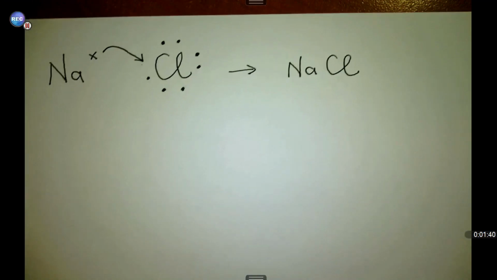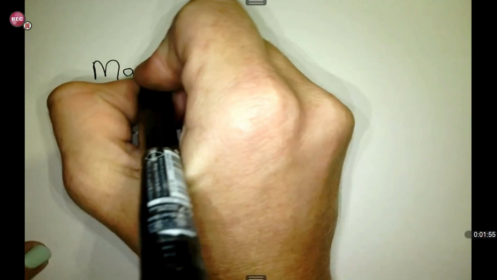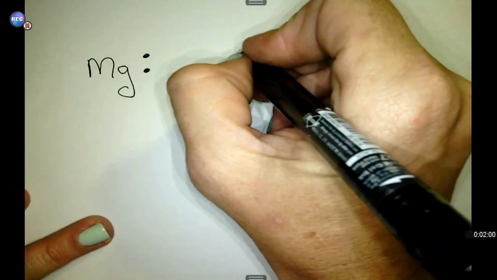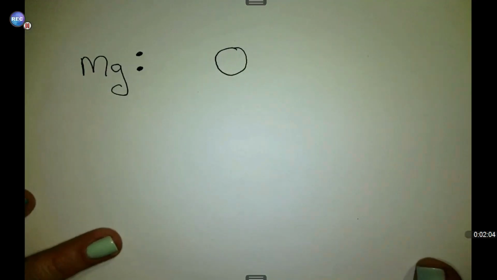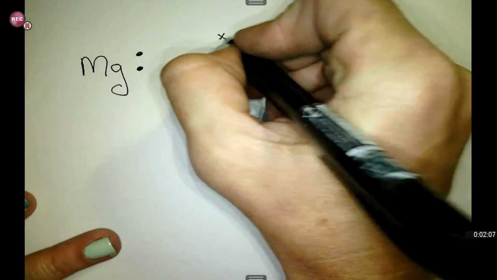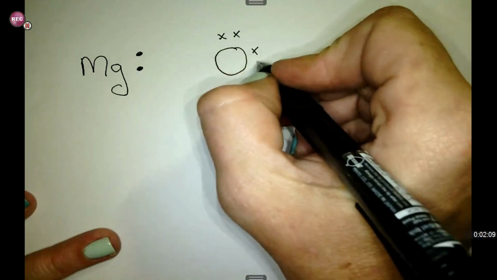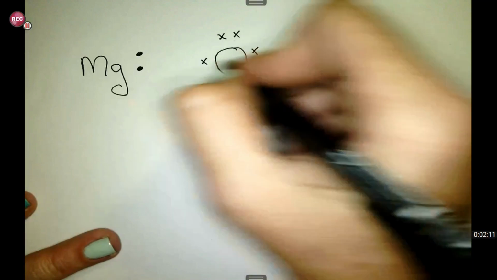If I now look at magnesium oxide, I start with magnesium. Magnesium is a metal. It is in group 2, and so magnesium has 2 valence electrons. If I now take oxygen, oxygen is in group 16, Roman numeral 6, and therefore it has 6 of its own valence electrons.